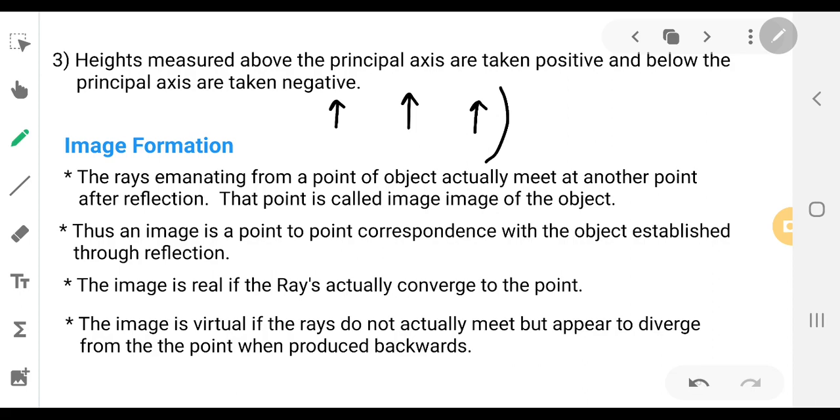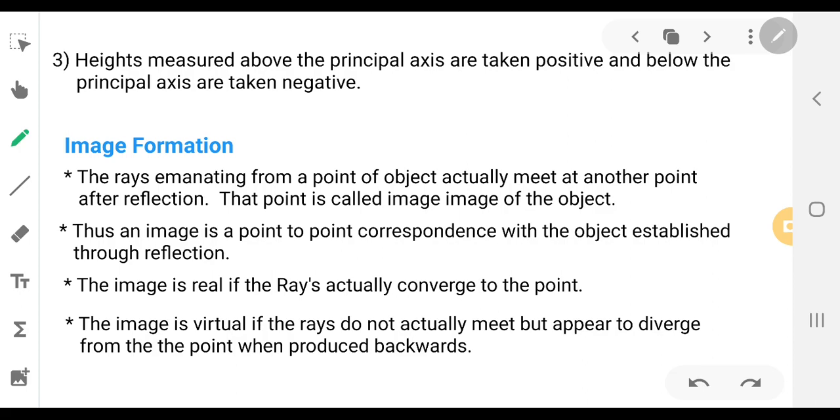So how is the image going to be formed, and what is the definition of the image? From your common knowledge, you can see the image is your replica. However you stand in front of the mirror, the same thing is going to be seen in the mirror. In simple words, the image is the replica of the object.